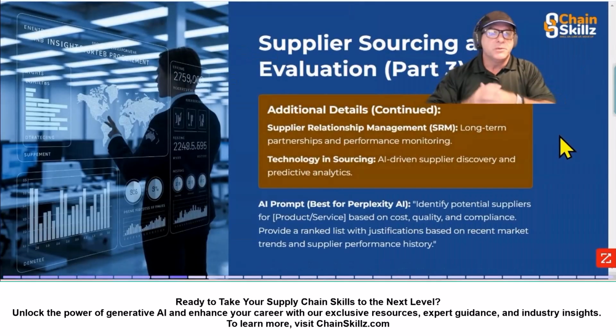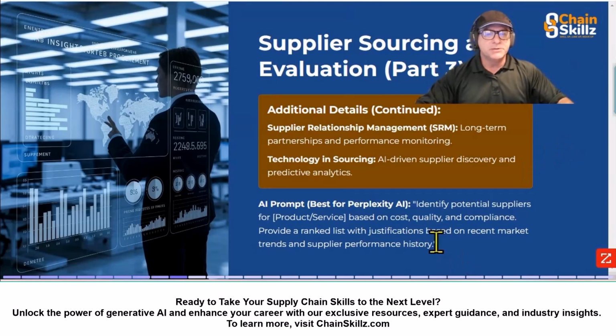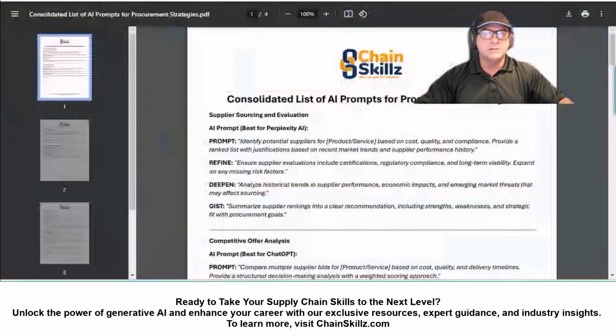Here, the relationship management, building those relationships with them, and then using AI to help in that supplier discovery and predictive analytics. So I put together some basic prompts you see on the slide, but then I went back and built out our prompt structure, prompt, refine, deepen, and gist, as a way to demonstrate the different prompts doing this.